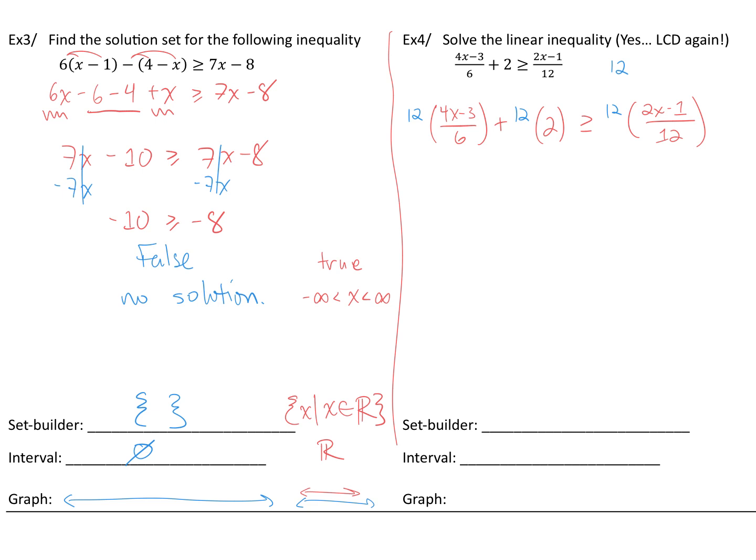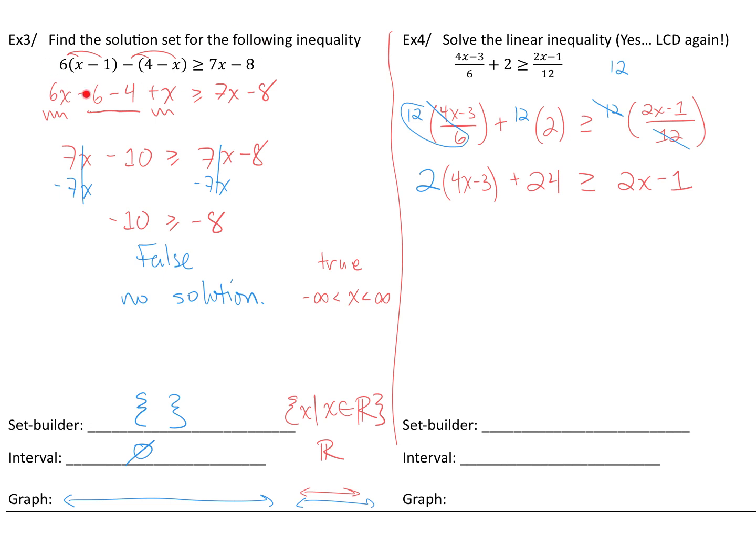So this is what it looks like when you multiply by the LCD. The 12s in that last fraction cancel, thankfully. And when you do 12 divided by 6 in that first fraction, it ends up being a 2. So this is what the rest of that next step looks like. From here, it just goes back to doing exactly what we did over here.